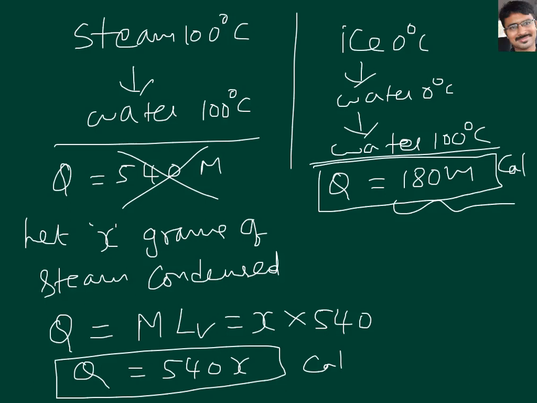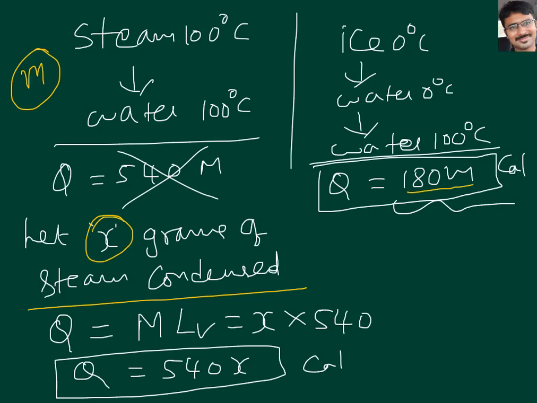Observe carefully, a very important point I mentioned now: only x grams of steam condensed will be sufficient. What is that x grams we have to find. Why, sir? Because if the total m grams is converted, it becomes 540 m. But how much do we require? Only 180 m.